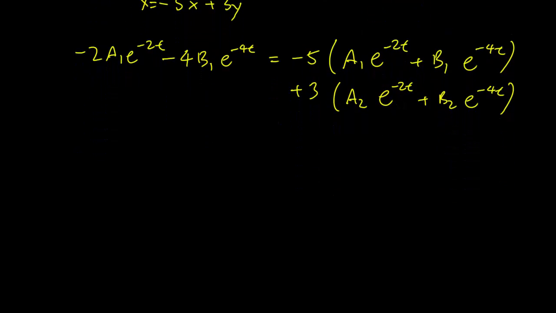So we need to see the terms that are multiplied by e^(-2t) and the terms that are multiplied by e^(-4t). Let's gather up the e^(-2t) terms. This is going to be -2a1 on the left, and 5a1 plus, and -3a2 here.